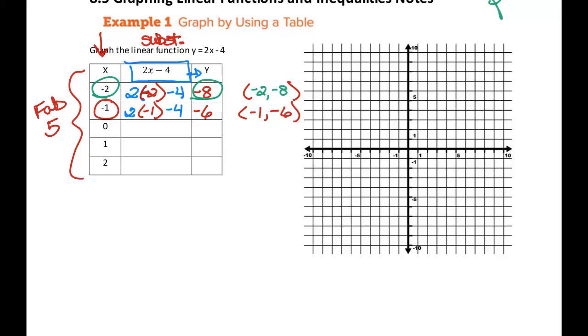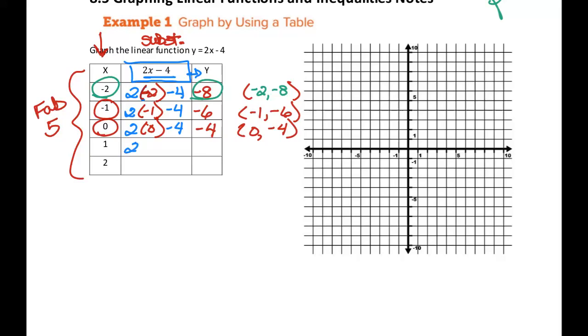All right, start with the same expression. 2 times 0, as I substitute 0 in for X, -4. 2 times 0 is, class? 0. -4 is -4. So that gives me the point 0, -4.